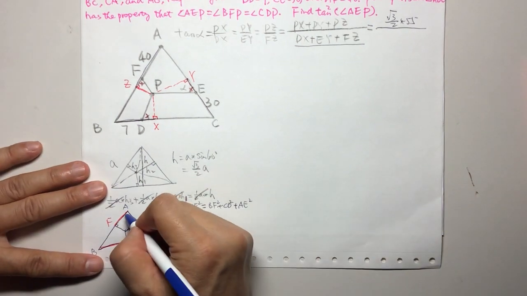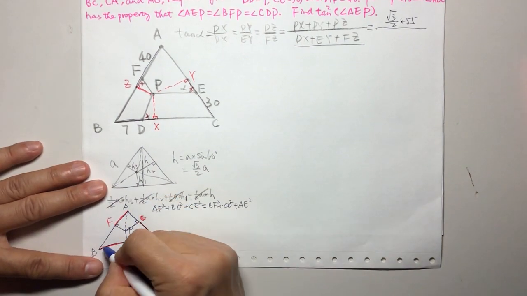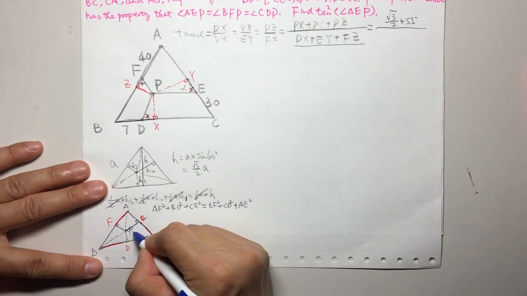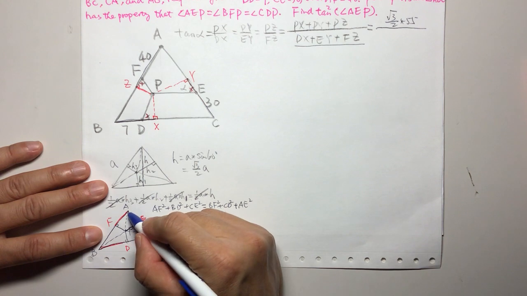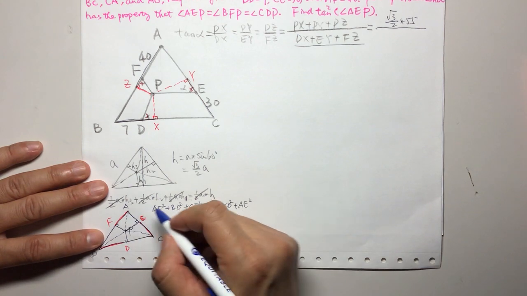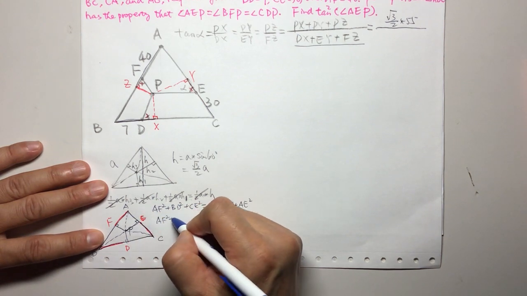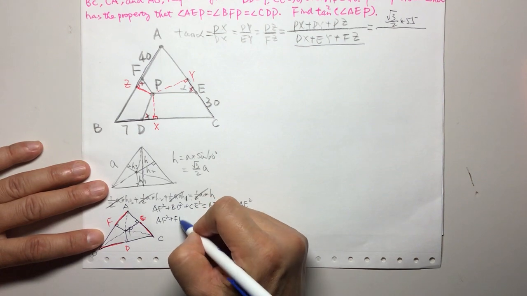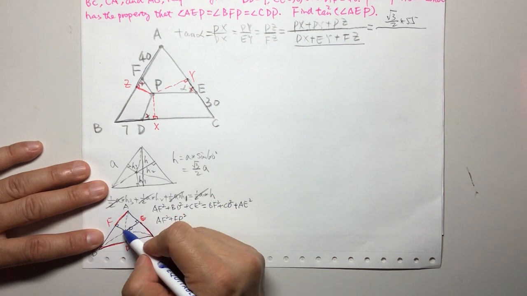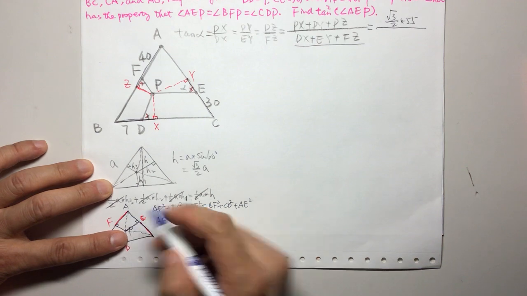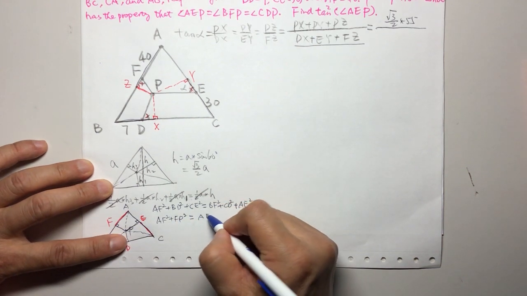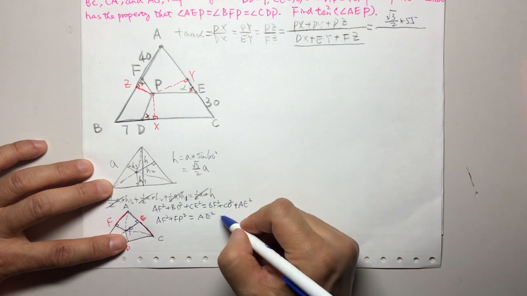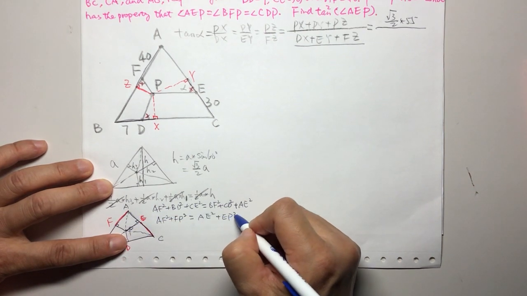We use the Pythagorean theorem to find this one. So we know AP squared equals AF squared plus FP squared, right? And this also equals AE squared plus EP squared.